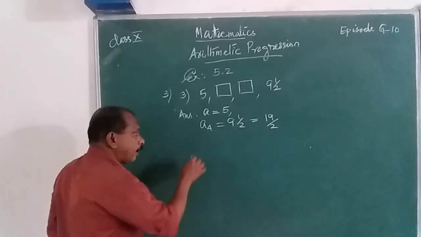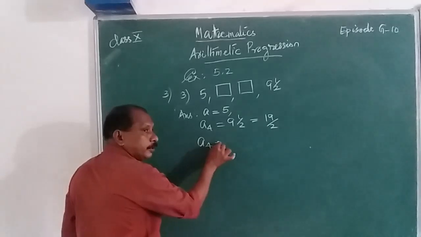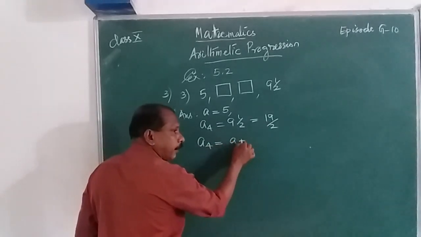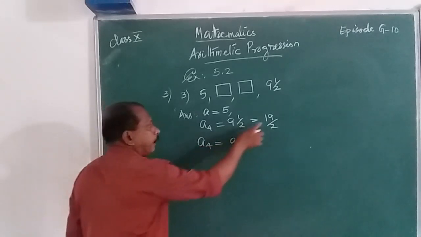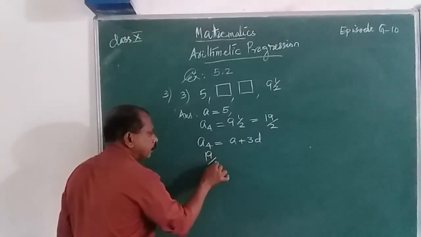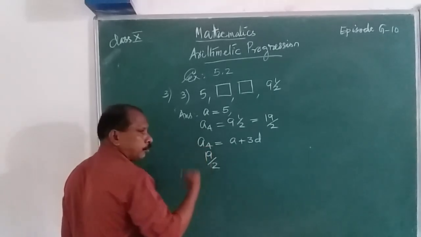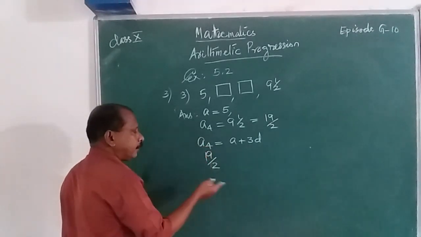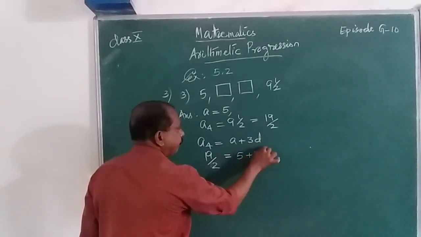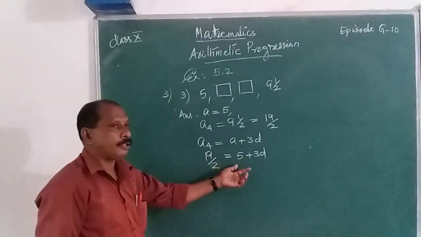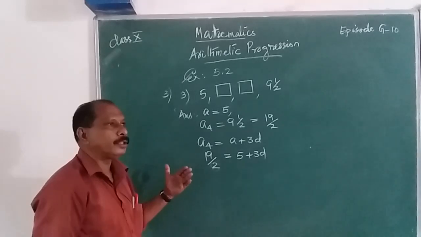Then what is A4? A4 is equal to A plus how many D? A plus 3D. A4 is replaced by 19 by 2, which is 9 and a half. So 19 by 2 is equal to A, which is 5, plus 3D. Shifting 5 to the left, we get minus 5.